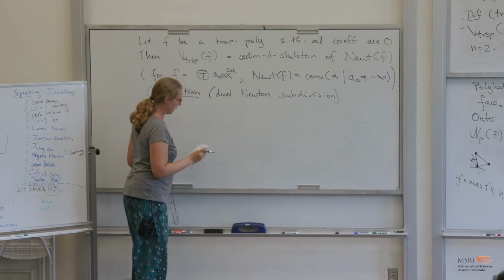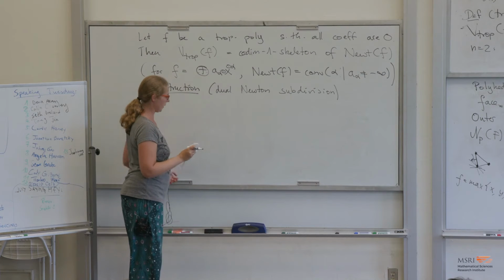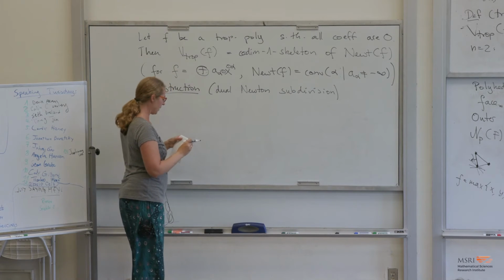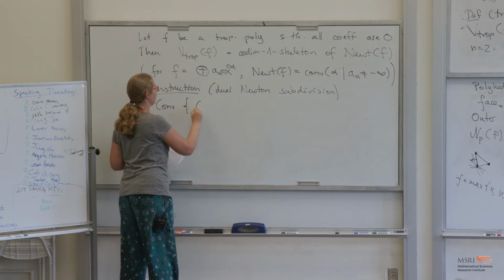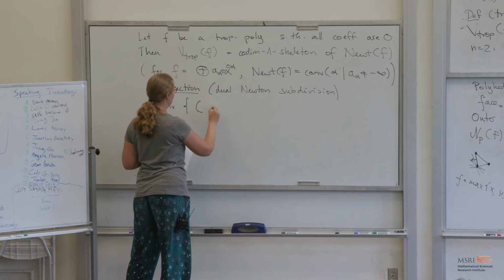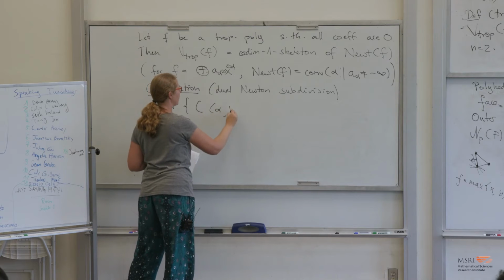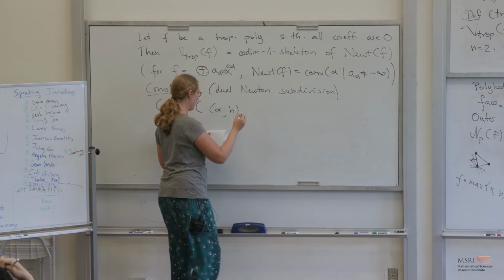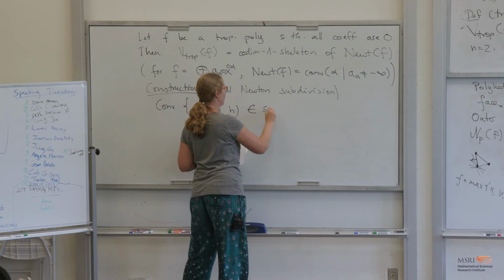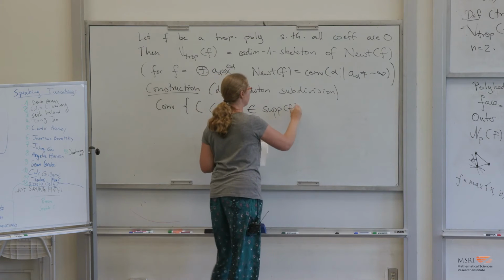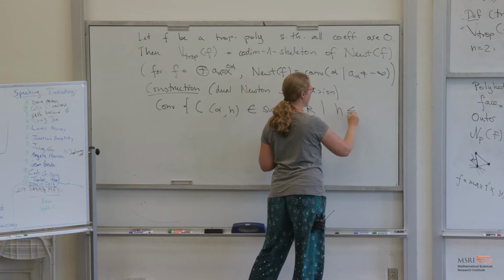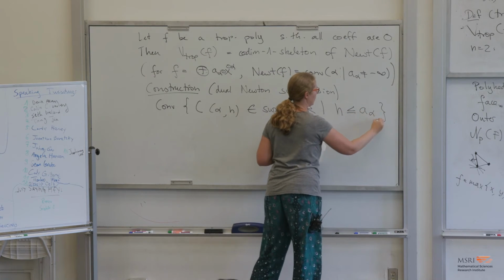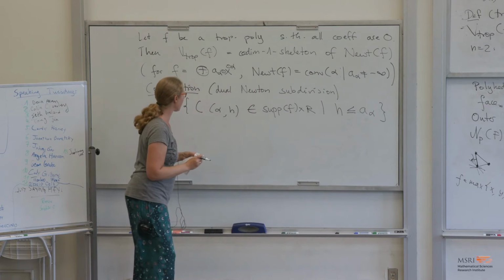So again, we take our tropical polynomial like this, and then we consider the convex hull not only of the alphas, but we take the alphas and another coordinate, so this in the support of f times R, such that that last coordinate is less than or equal to the coefficient a alpha.